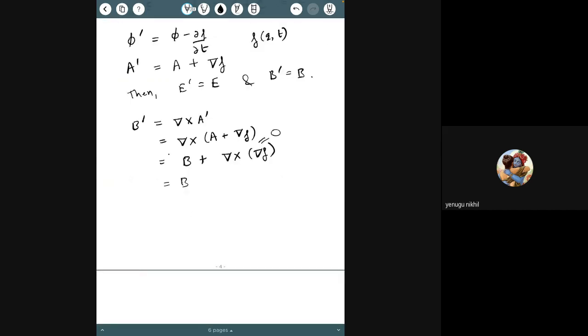Okay. Now, how will we choose f? So the gradient of a function is a vector, right? And if the function is arbitrary, you can basically generate any vector. So that makes your vector potential really, really arbitrary.